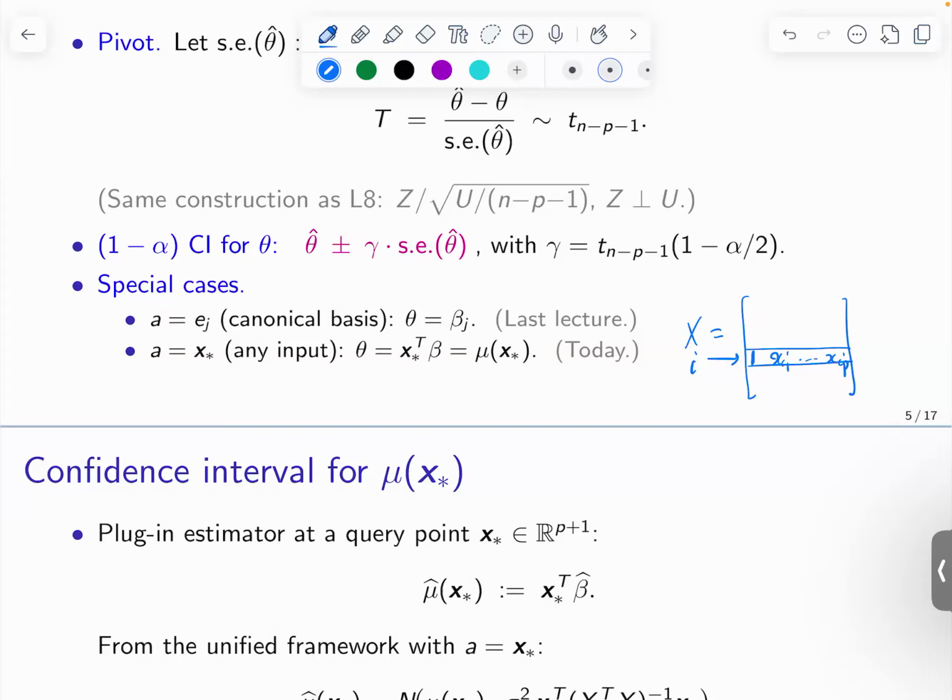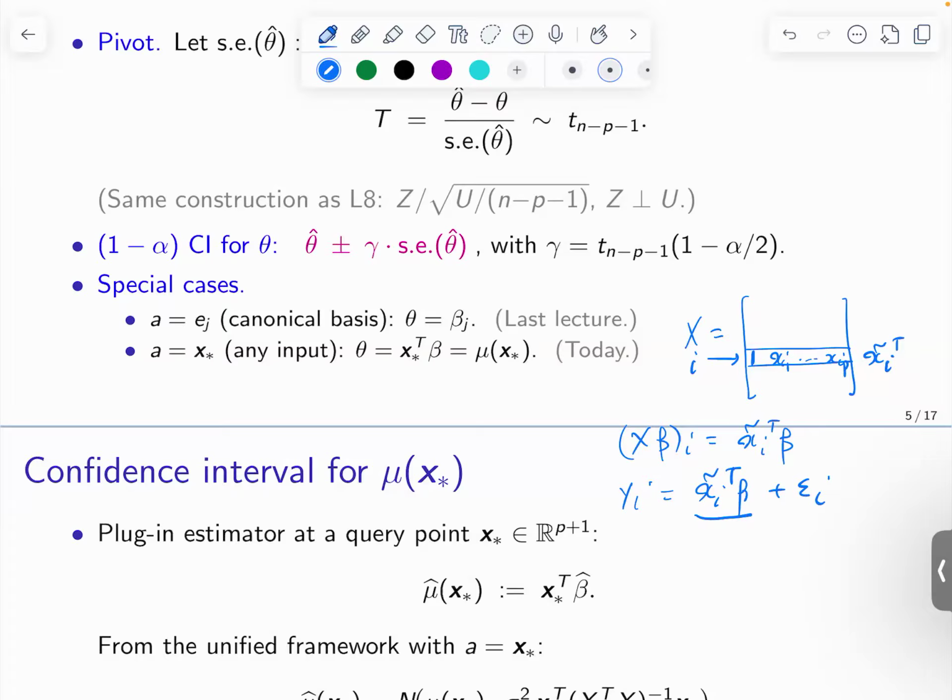I could write it as x tilde i transpose, the ith row. When you multiply by x beta, the ith row is just x tilde i transpose times beta. So really, y_i is x tilde i transpose beta plus epsilon_i. This is the functional form of the relation between y and x.